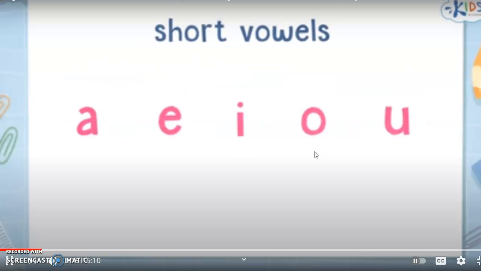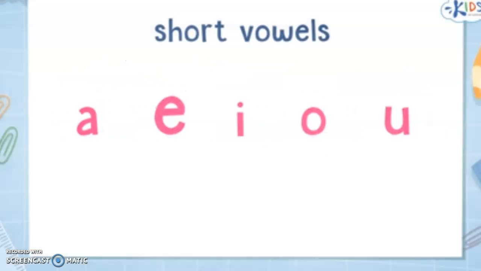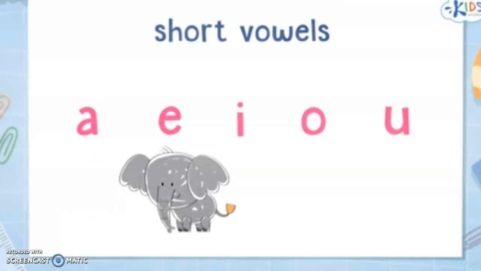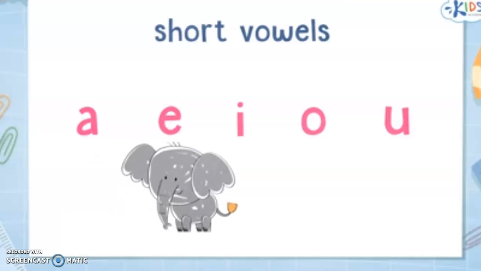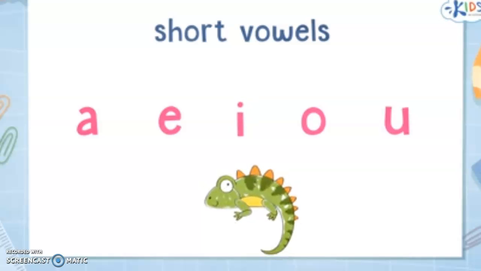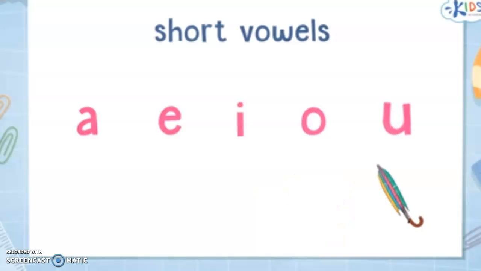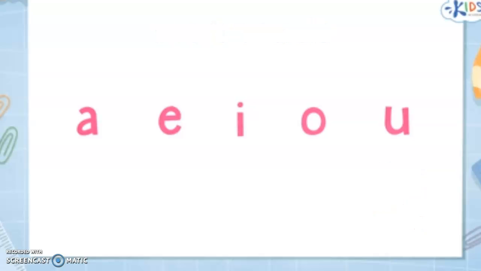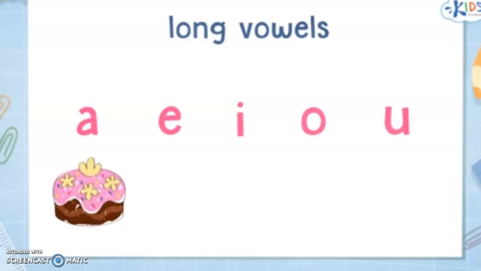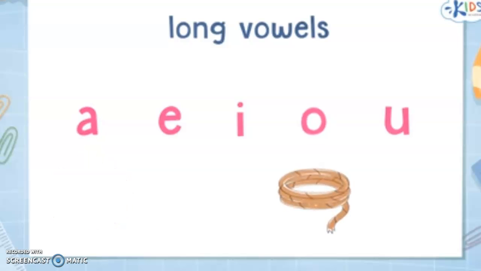Let's review short vowels first. A, e, I, Short a, apple. Short elephant. Short iguana. Short octopus. Short umbrella. Great job. Now, let's review long vowels. long vowels say their names, like long A in cake, or long O in rope.